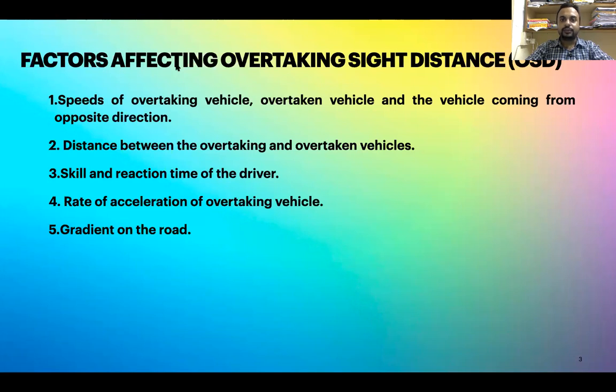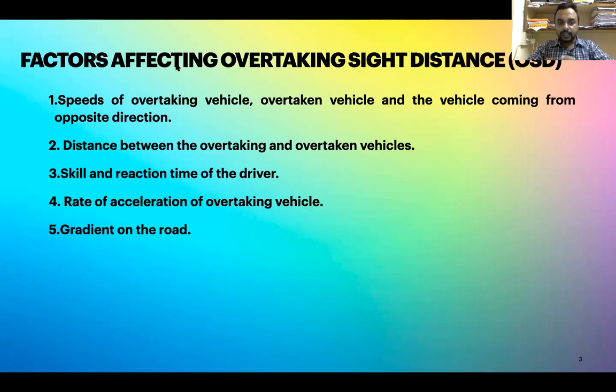We'll observe as we discuss the OSD that once a driver moving at a higher speed tends to overtake the slow moving vehicle, it will not overtake at the high speed at which it is coming. It will at first decrease its speed to that speed at which the slow vehicle is moving, and then after moving a considerable time at that slower speed, the vehicle will overtake by accelerating, and then the overtaking process will happen.